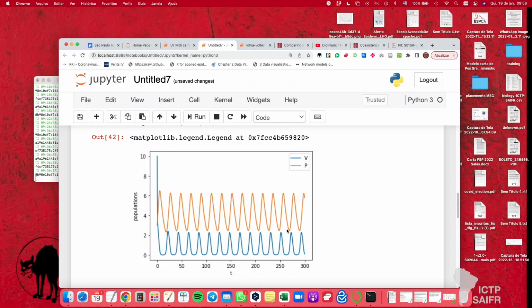So let's modify the initial condition. Remember, with the original Lotka-Volterra system, the period and the amplitude of the oscillations were strongly dependent on the initial condition, because you got those closed trajectories on the phase plane, and you got locked into one of them.